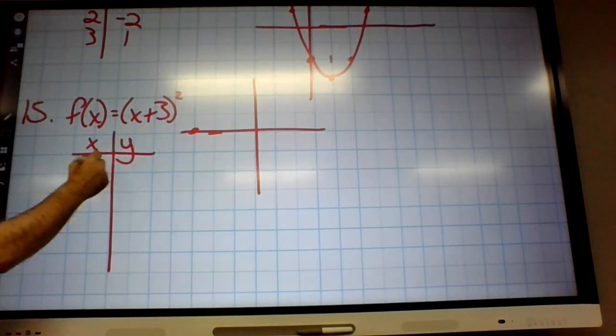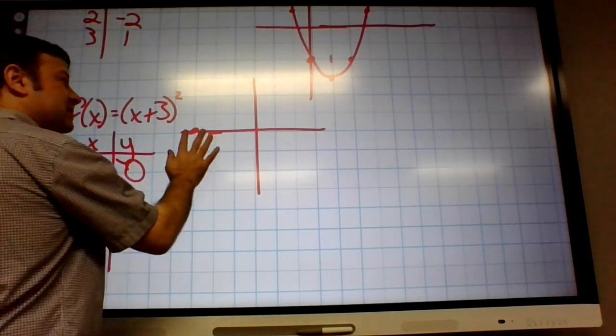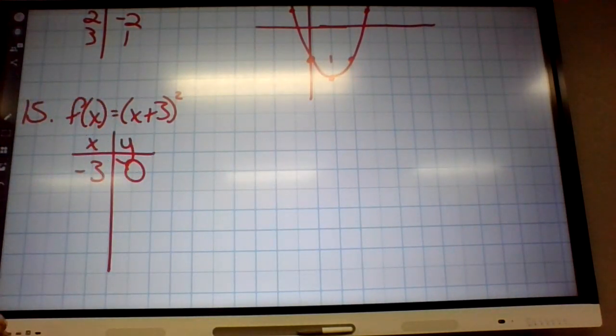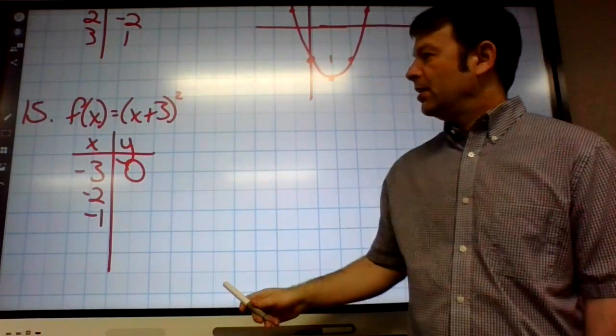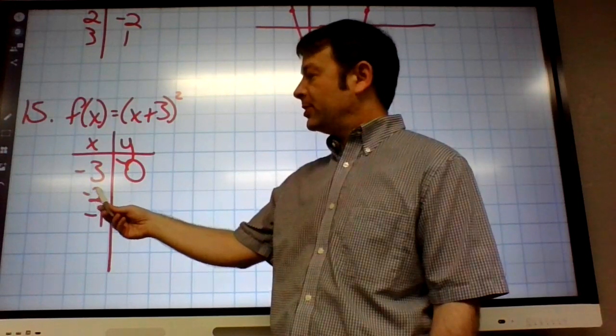Yeah, (-3, 0). Okay, what would be some good x values to plug in if the vertex is at -3? -2, -1. Okay, you could also have done -4, -5. That would have worked as well.